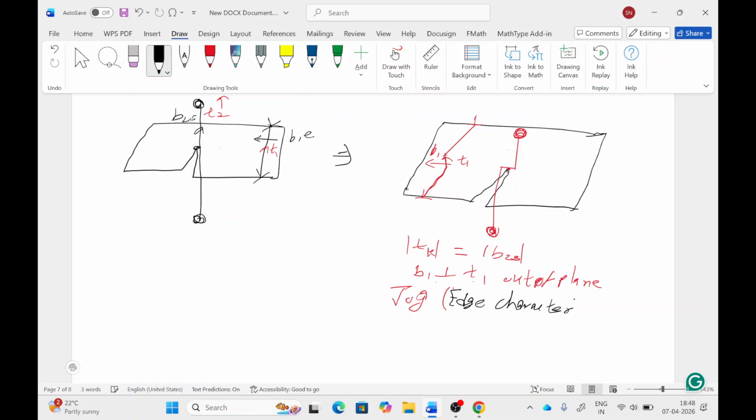While if we talk about screw dislocation, the screw dislocation gets shifted by B1. So this is B1, and the line direction for screw dislocation will be in this direction.